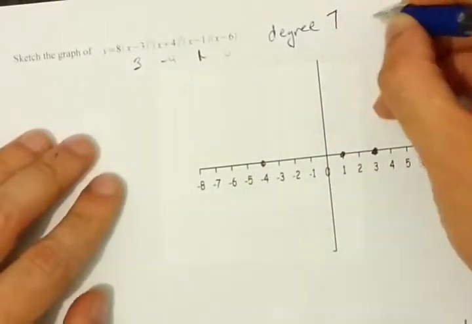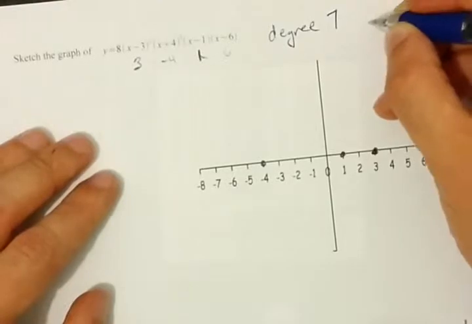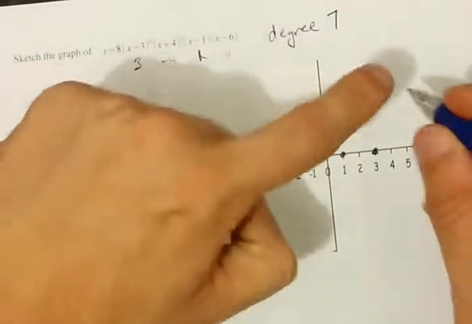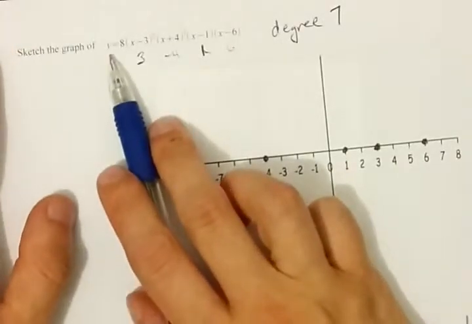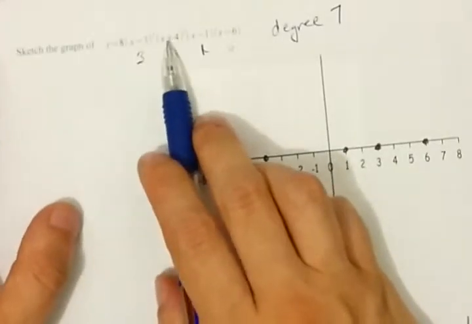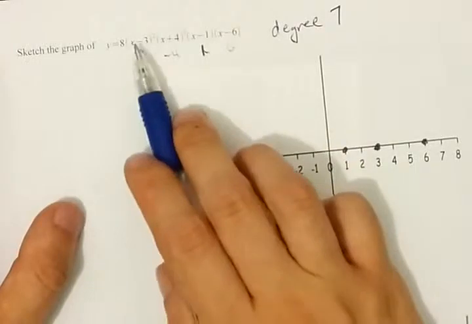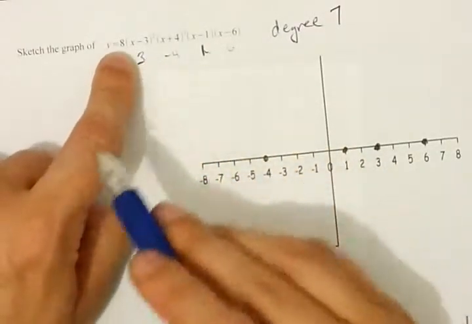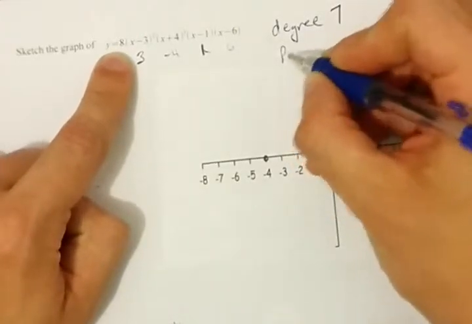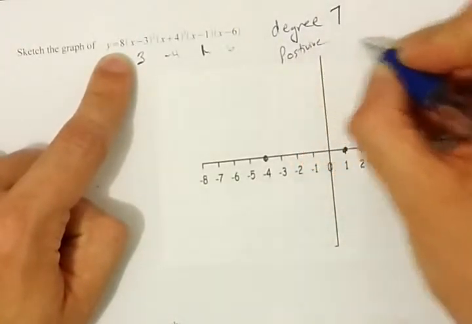The degree here is 7. That's odd, which means it's going to open in opposite directions, and the actual direction it ends up in depends on the leading coefficient. All my x's are positive, like there's no negatives in front of my x's, and this is also positive, which means I have a positive leading coefficient here as well.